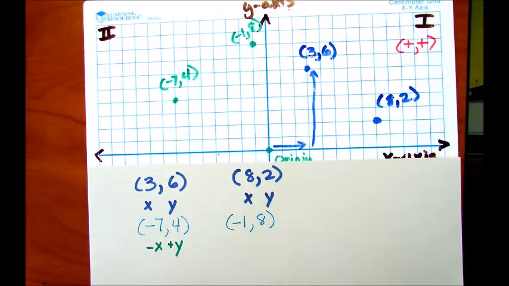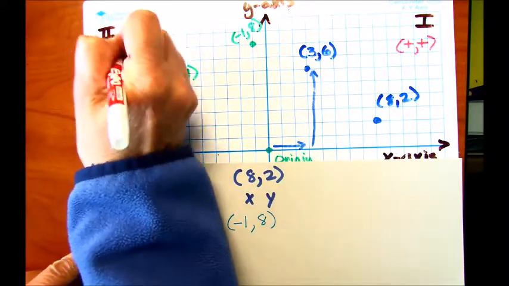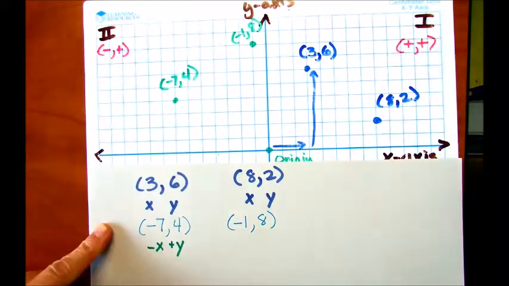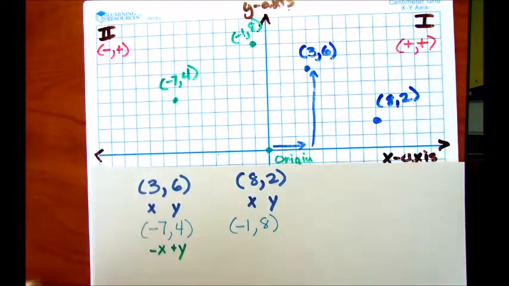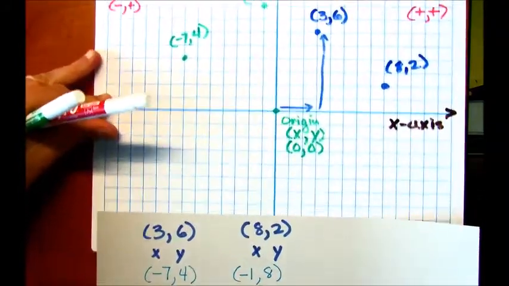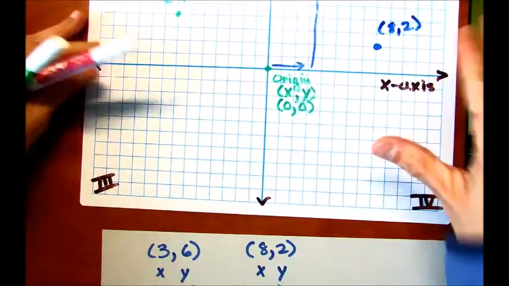So you can see that in quadrant 2, the x value is a negative, the y value is a positive. Now I'm going to move this down. Let's do a couple in the third quadrant.